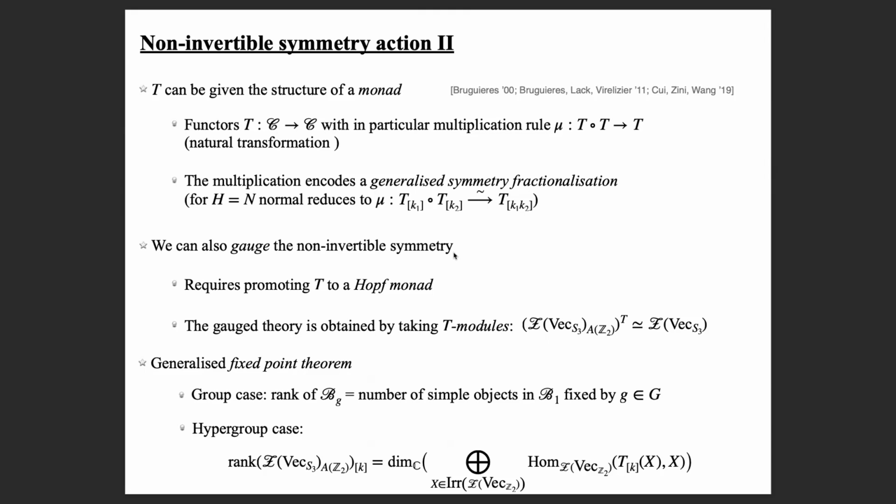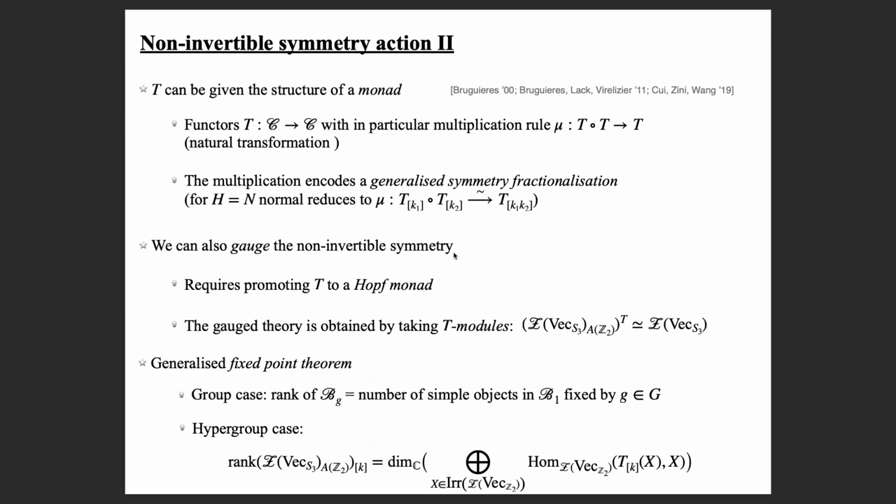And there is also a generalization of what is known as the fixed point theorem. So in the group case, this tells you that the rank of Vg, so the number of simple lines that you have in each G-twisted sector, is given by the number of anyons in the underlying topological order which are fixed by the group element.